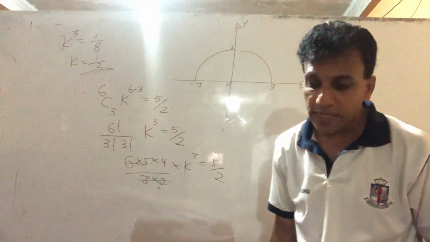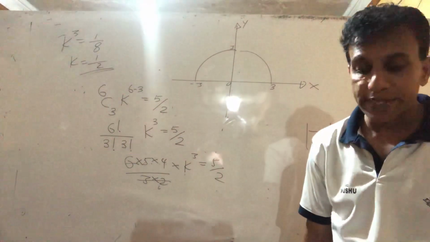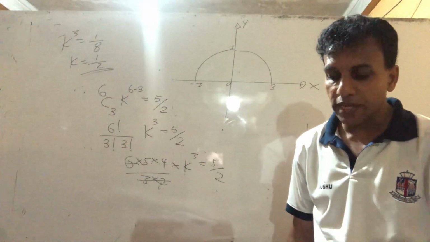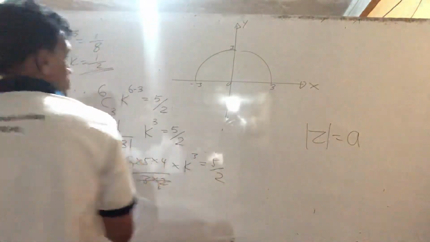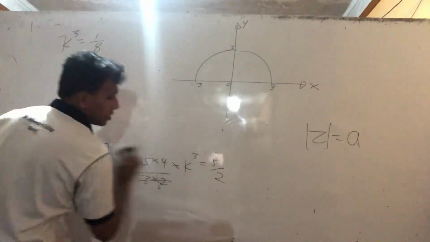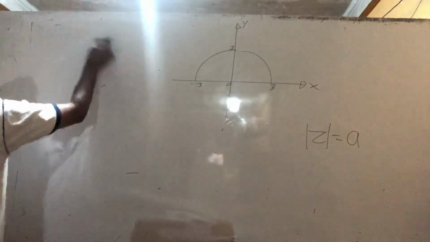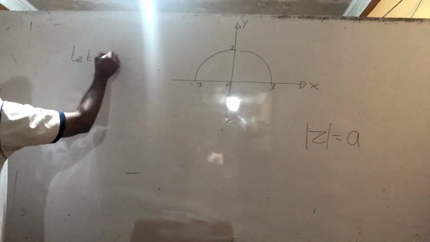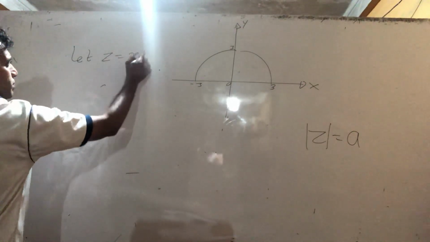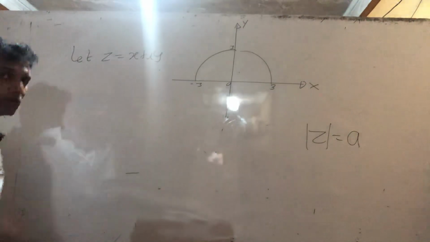Find the complex number z such that the real part of z equals the imaginary part of z. Let z equal x plus iy.